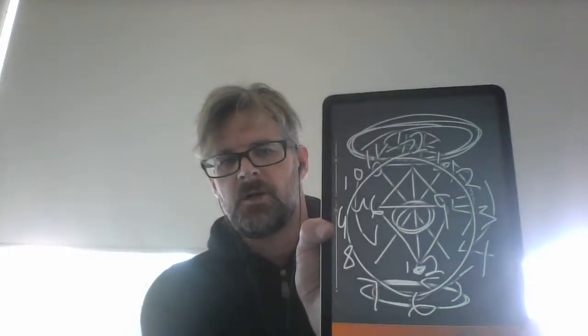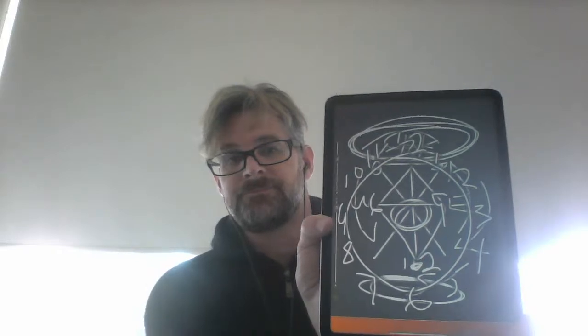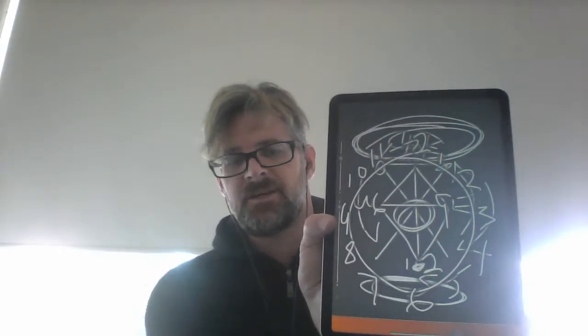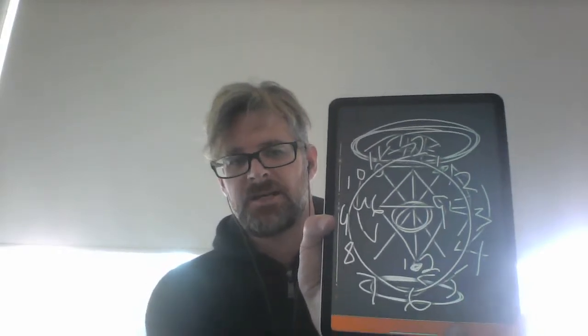Position locations. 12, 1, 2, 3, 4, 5, 6, 7, 8, 9, 10, 11, 12. There you go. All done. Right? You see how it's set up now? That's how it's set up.